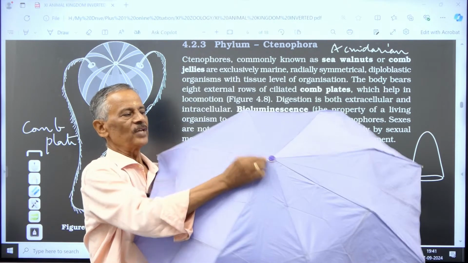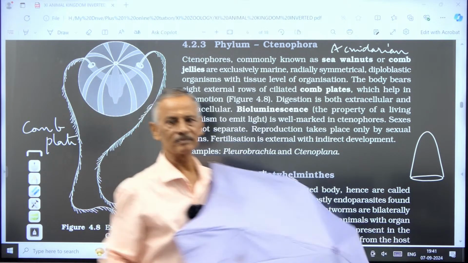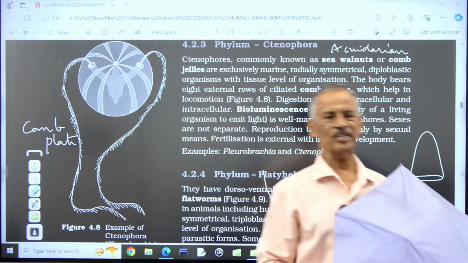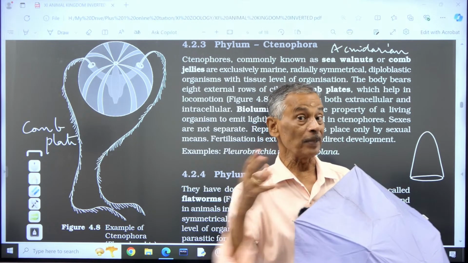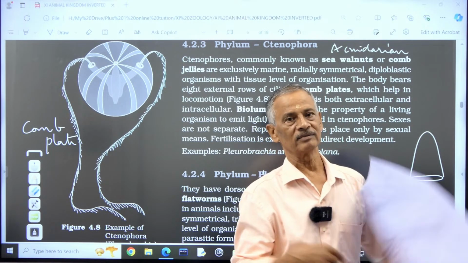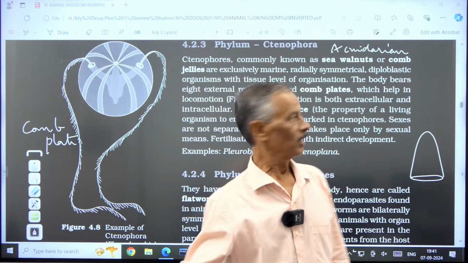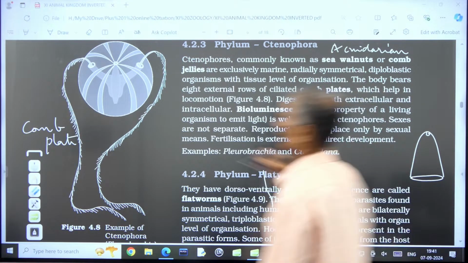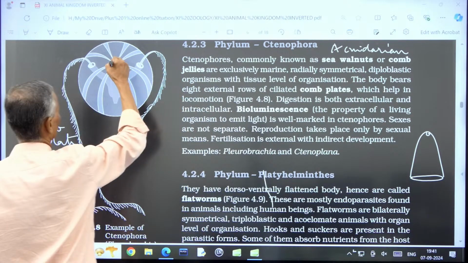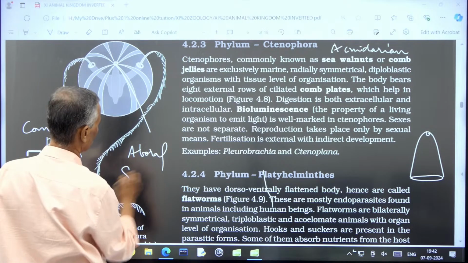There is a characteristic sensory organ, which helps in balancing their body for keeping the equilibrium. This is called the aboral sense organ.